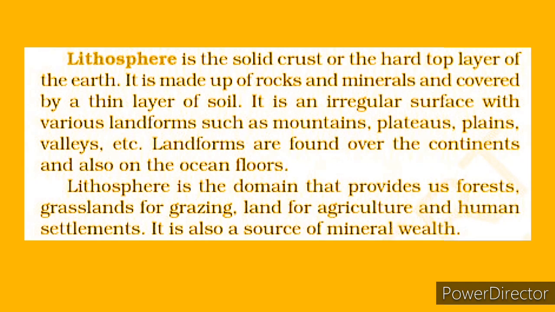First is lithosphere. The solid crust or the hard top layer of the earth is called lithosphere. It is made up of rocks and minerals and covered by a thin layer of soil. It means the earth where we live, or all the land part, is known as lithosphere.